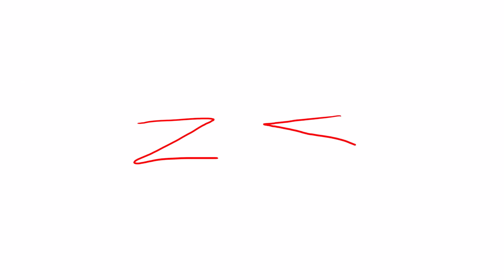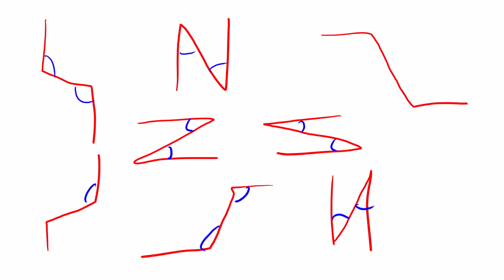We have Z like this, or like this. Sometimes it might face this direction. So the angles that we focus on are these angles. These angles are alternate interior angles. They are equal.